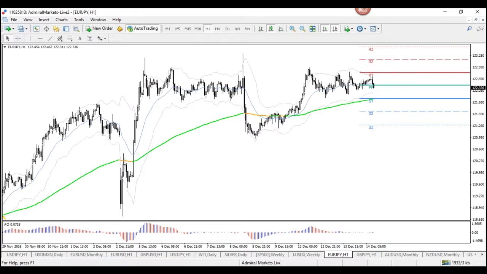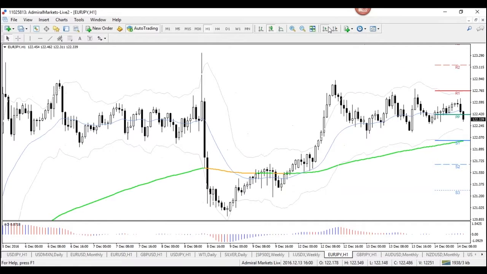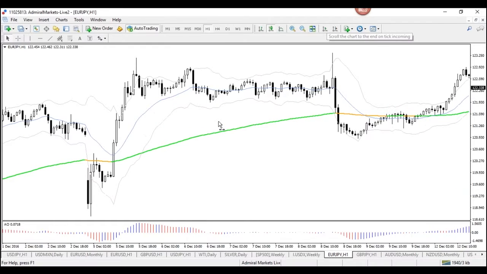How do we tell a trending candle from an exhaustion candle? So let's take a look at the euro yen. All right. These candles are trending examples.